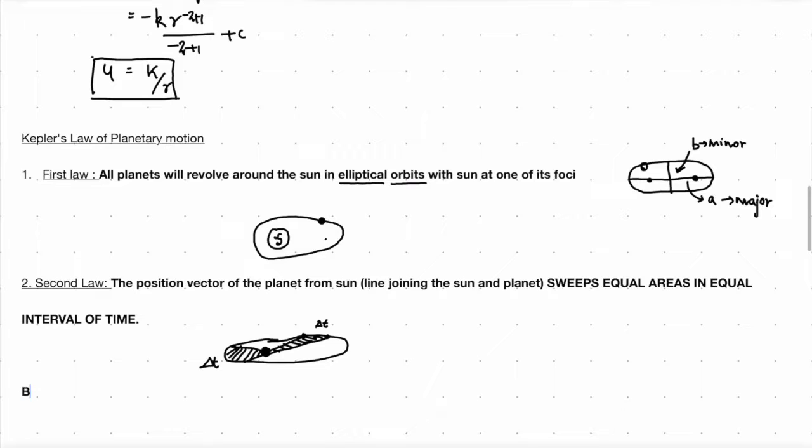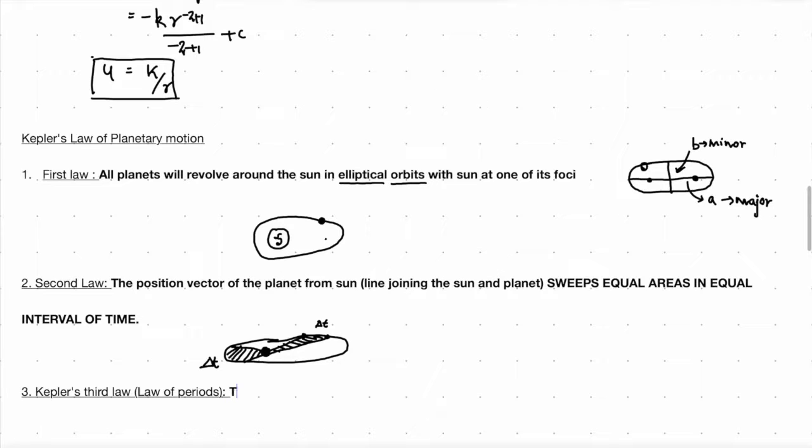The third law: Kepler's third law is called the law of periods. It talks about the time period, and it talks about the semi-major axis as well.